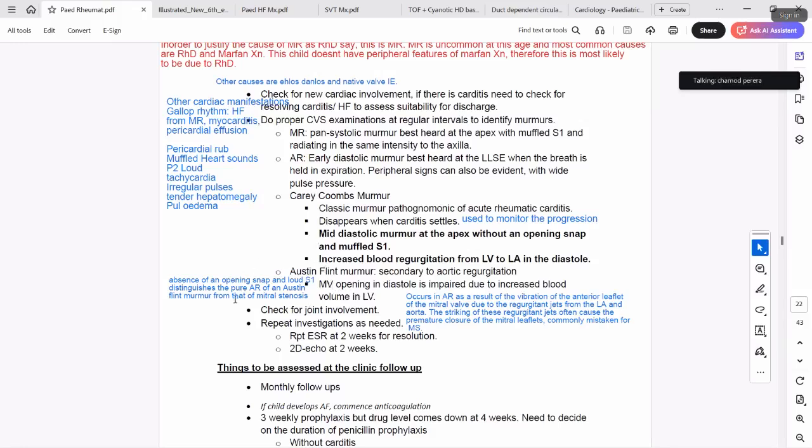And you should know how to differentiate the Austin-Flint murmur from aortic regurgitation. The Austin-Flint murmur is a bit of an early mid-diastolic murmur, but aortic regurgitation is an early diastolic murmur. That is the other difference, and I have written a few side notes also.